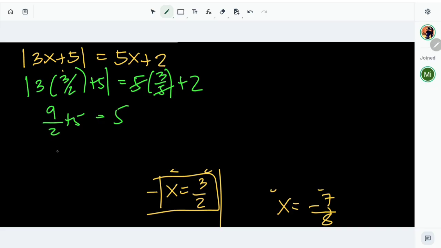What is this? 9 over 2 plus 5. 2 divided by 1 is 2 times 5, 10. It's 19 over 2. For this case, trying to check on this.